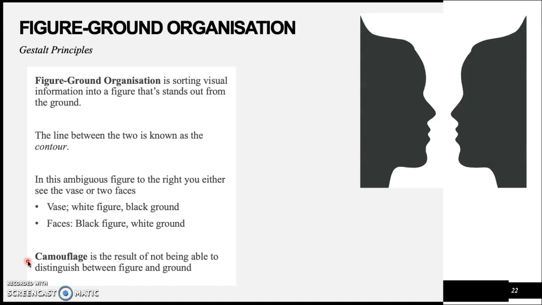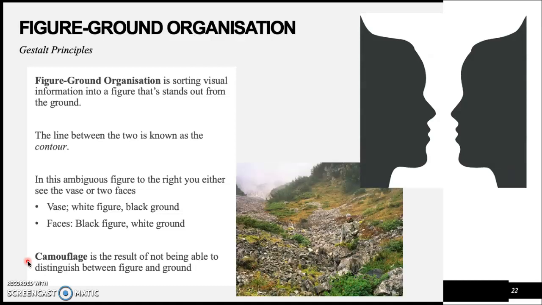In other words, no contour exists. So here, you may or may not be able to see a man. I'll give you a minute to have a look. Can you spot him? There's no contour around him, so it's hard to notice his head here, his arm standing behind a rock.